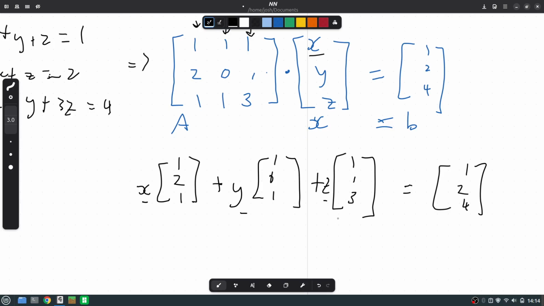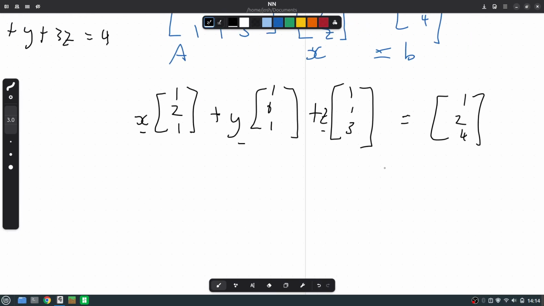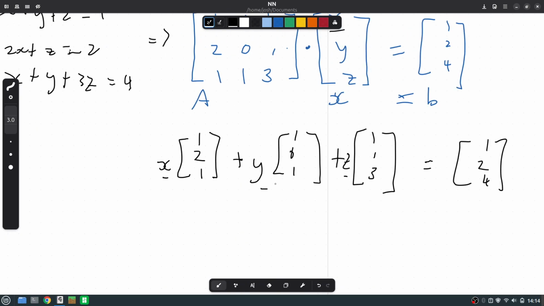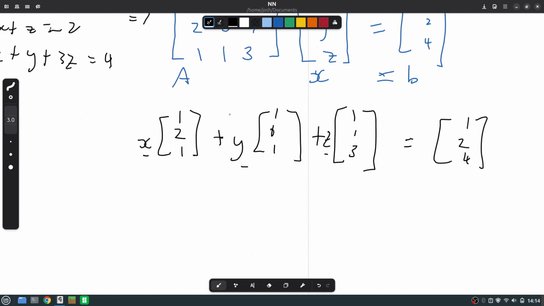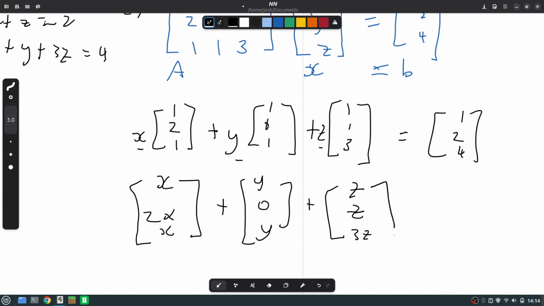Now, I'm not going to show you how to solve this. You can take a linear algebra course if you wanted to, but that's not a prerequisite of what we need to know. We need to know what matrix multiplication is. So we're going to carry this out. This will just give us x, 2x, and x again, plus y, that's 0, 0, y, and then z, z, and 3z.